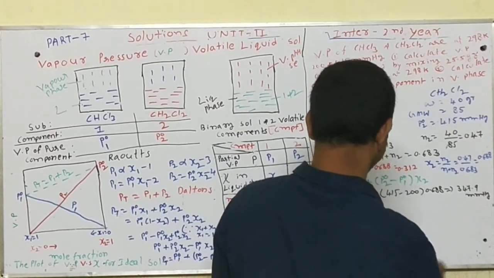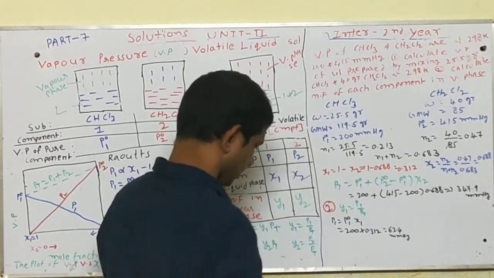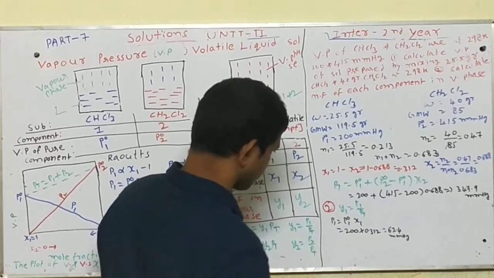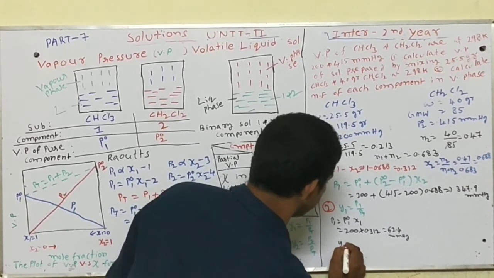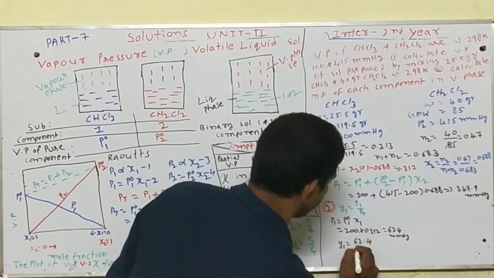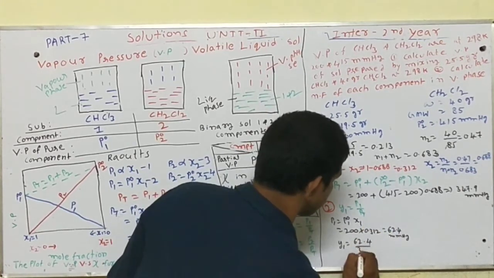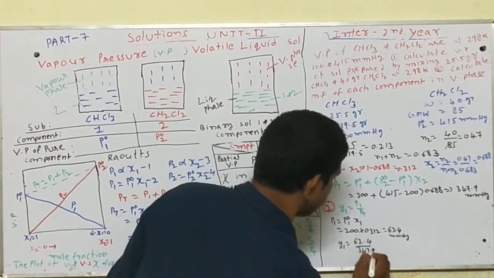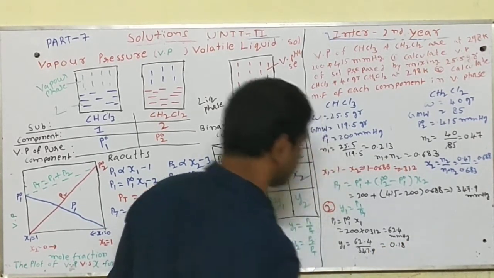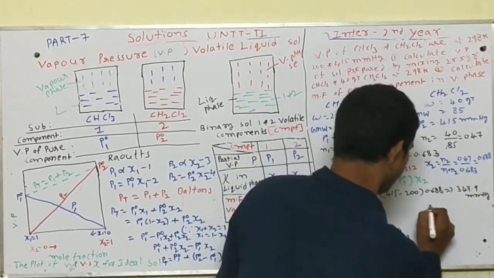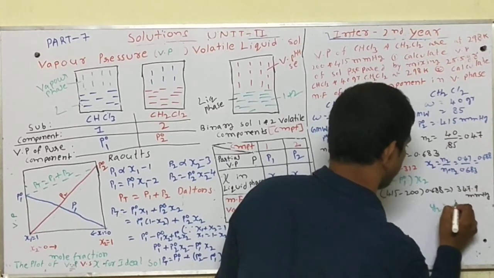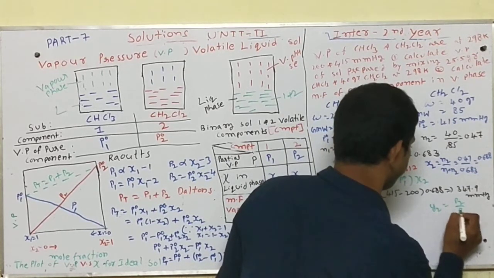In the same way, upon substitution, y1 is equal to 62.4 by Pt, which is 347.9. On simplification we get 0.18 mole fraction. For component 2, y2 is equal to P2 by Pt.